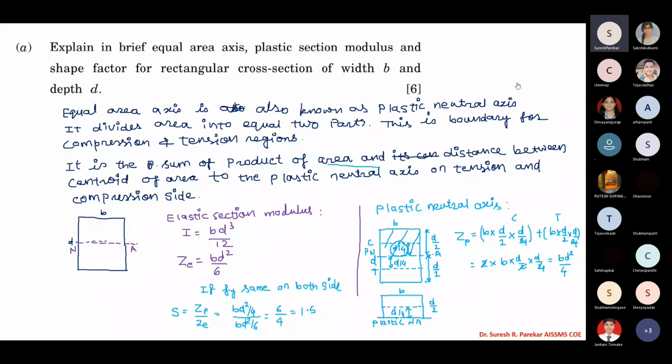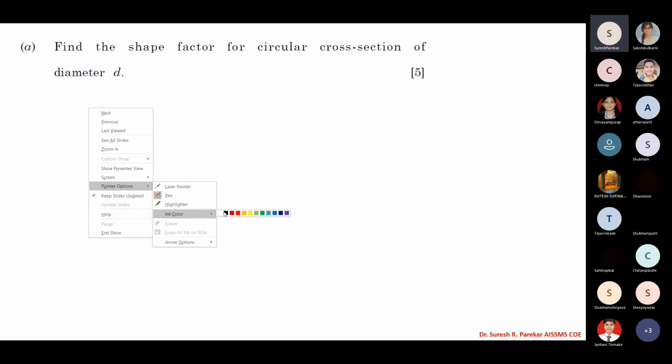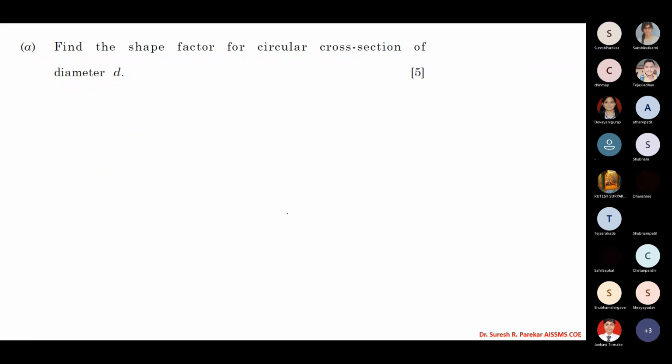Now second problem. Find the shape factor for circular cross section of diameter d. First we will go elastic and then we will go plastic. So we have this will be diameter d.